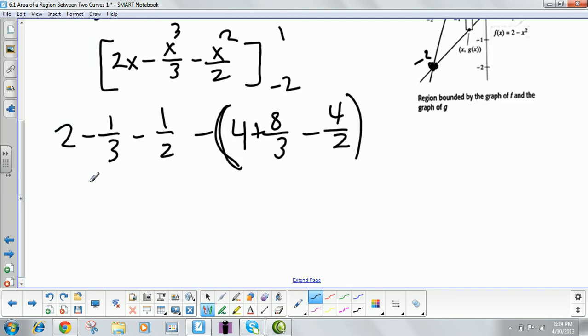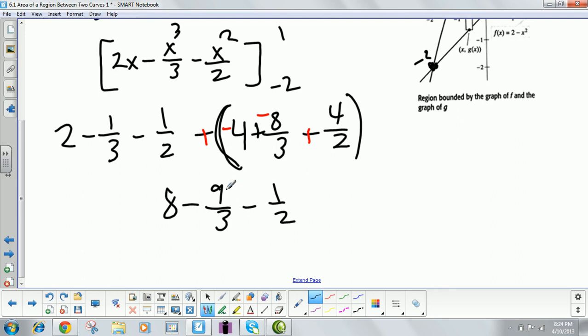Then when you simplify that, here, this becomes a plus, that becomes a negative, negative, plus, once you distribute that negative in. Then looking at this, when you put like terms together, you end up with 8 minus 9/3 minus 1/2.